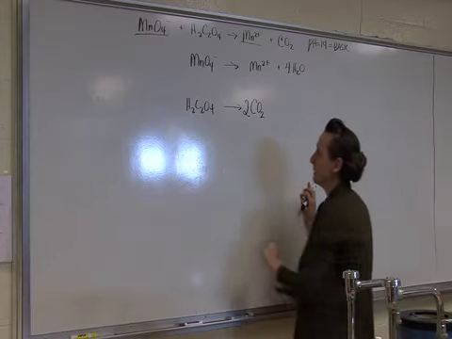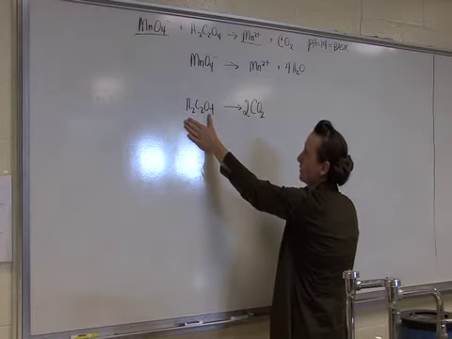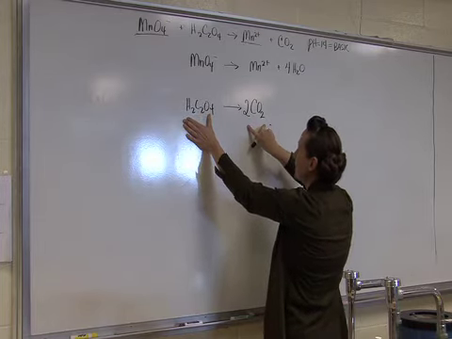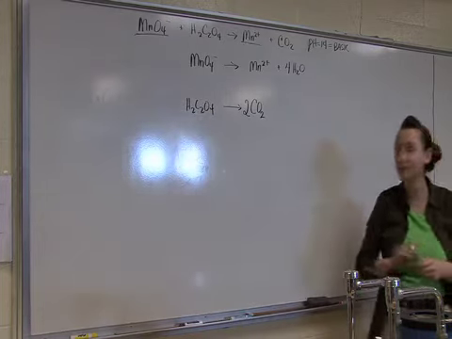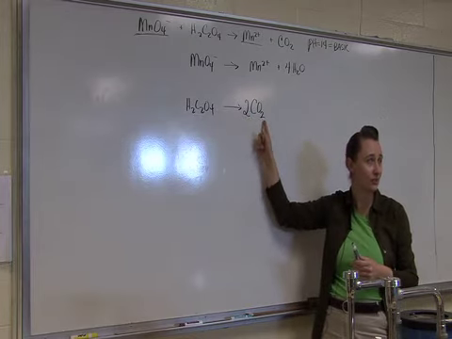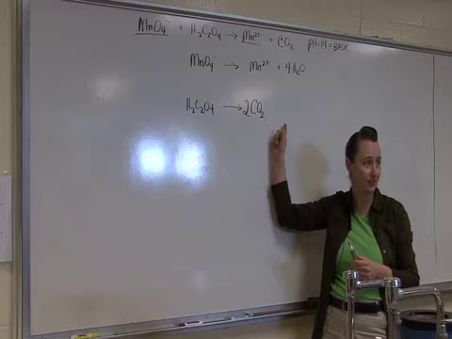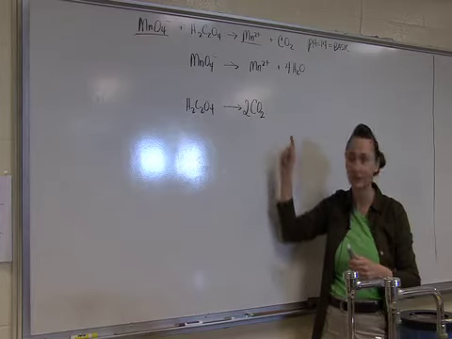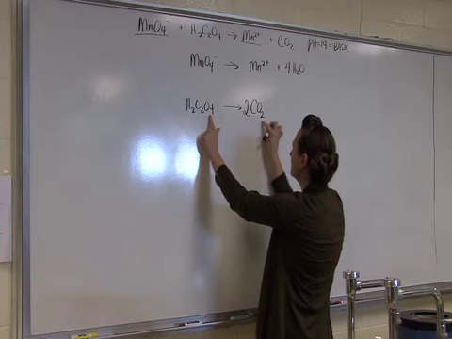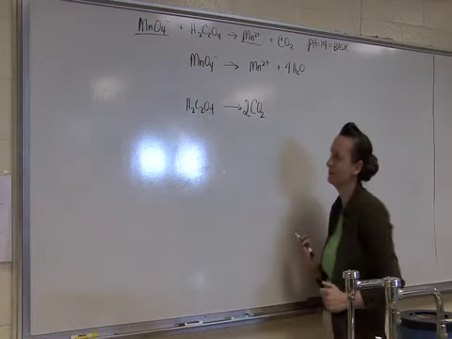In the next step, I have 4 oxygens here and 4 oxygens here. So be very careful. If you don't look at this coefficient, you'll think there's only 2 and incorrectly add 2 waters. All right, so I have 4 oxygens, and then this is also 4 oxygens.